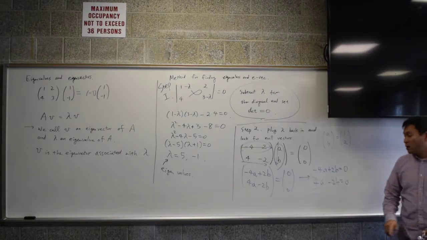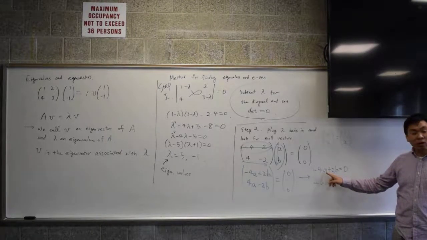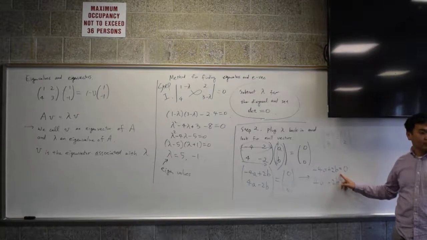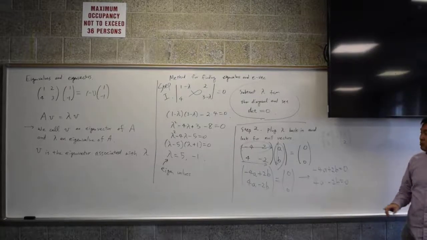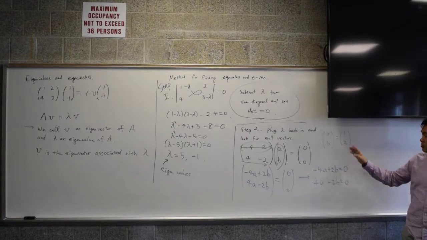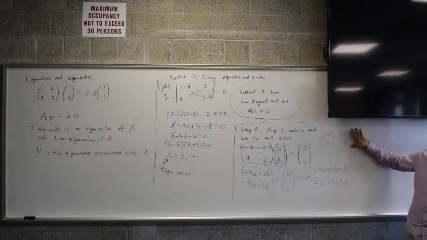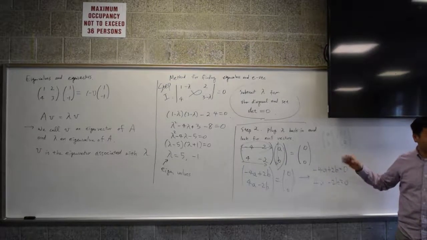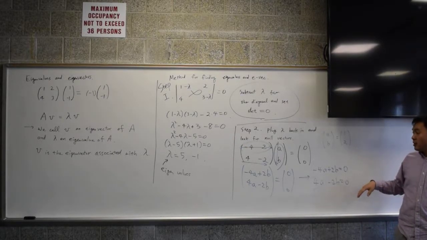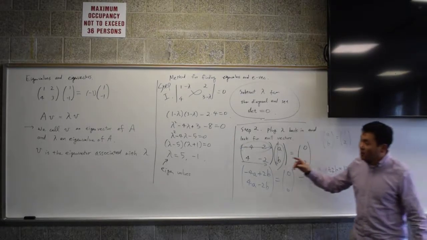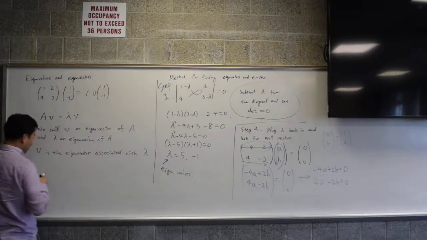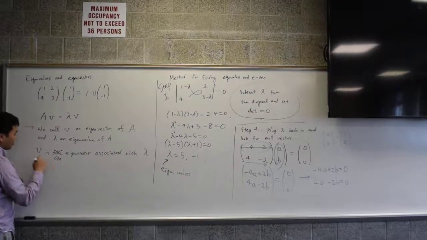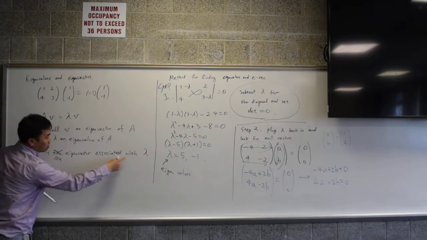Now, notice that you could also have done 2 and 4, or 3 and 6. That means for one eigenvalue, you can have infinitely many eigenvectors, but they're all multiples of each other. I should really say V is an eigenvector associated with lambda.